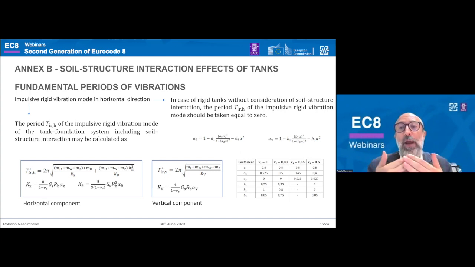That means that you have to apply it in one direction for the rectangular tank and in the perpendicular direction for the rectangular tank. Here, in case of a rigid tank, without considering soil structure interaction, the period has to be taken equal to 0. If you consider the soil structure interaction, you have to apply the two equations written here for the horizontal and vertical directions, where three coefficients are used for evaluating the horizontal stiffness on homogeneous soil for the supporting conditions: horizontal, rotation, and vertical.